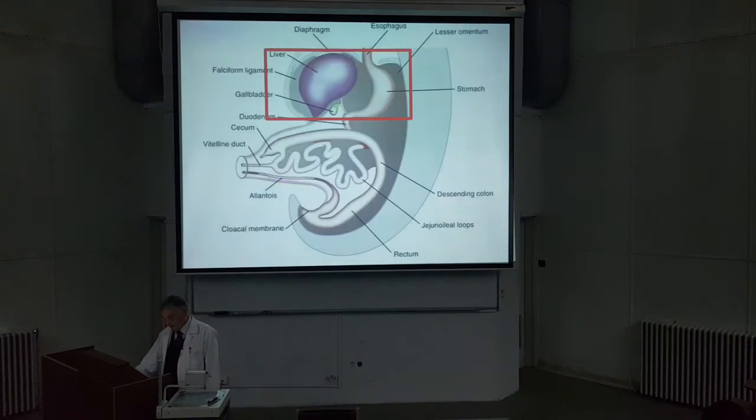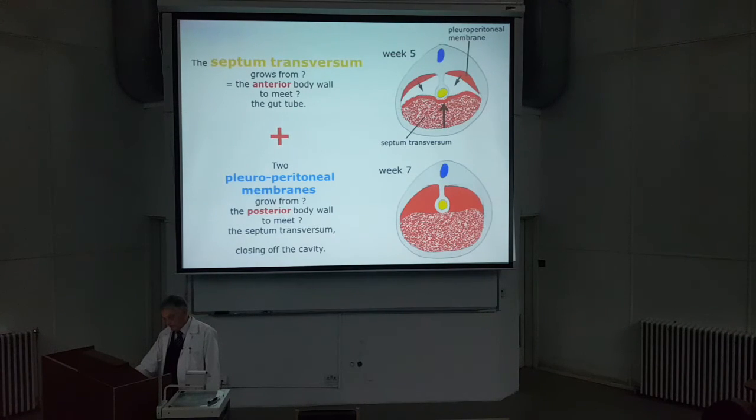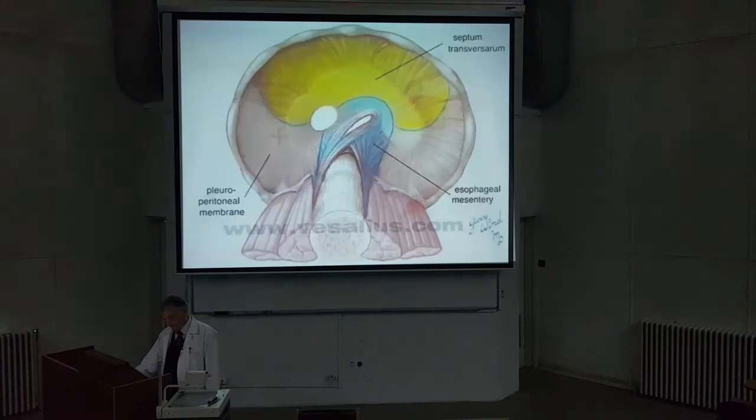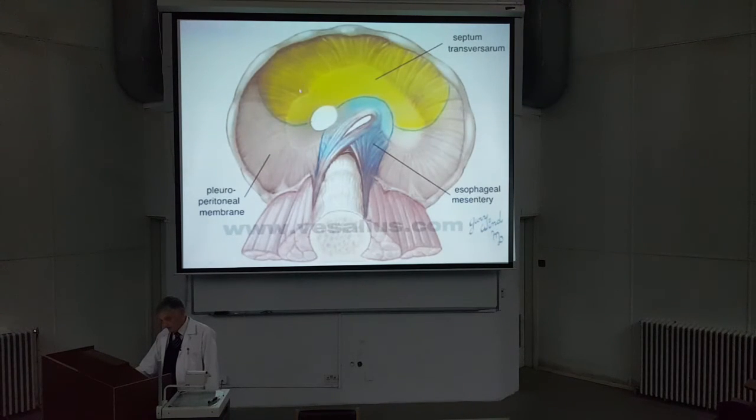So that's septum transversum. This is the pleuroperitoneal membrane. And this is the diaphragm. The anterior part is developing from septum transversum. This part is from the pleuroperitoneal membrane, and the crura they develop from the dorsal part of the mesentery.